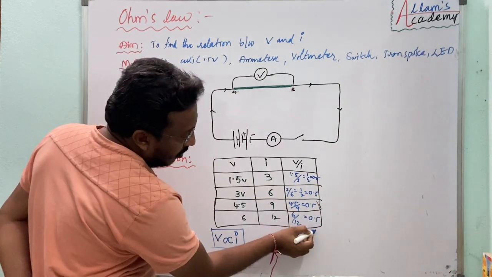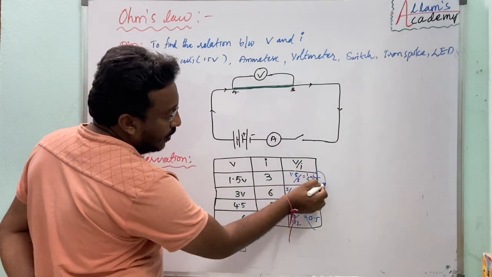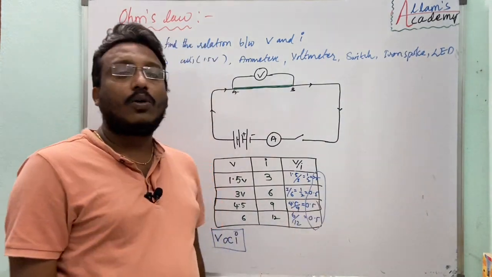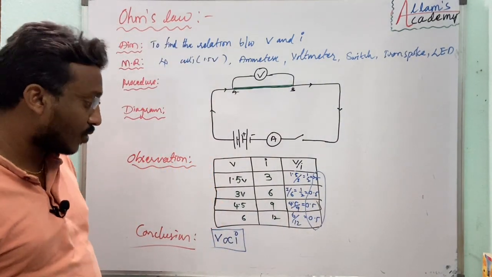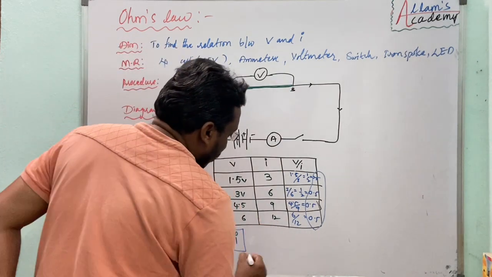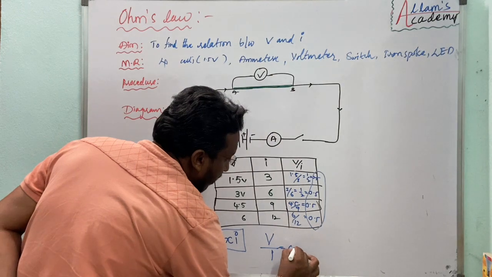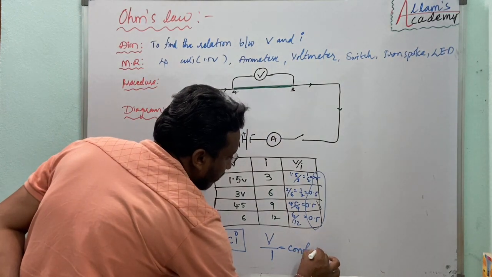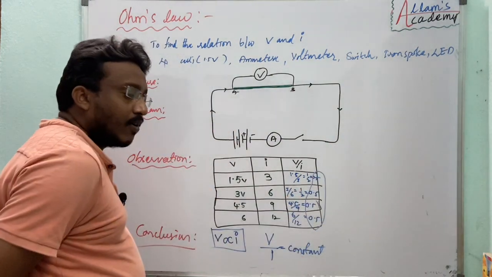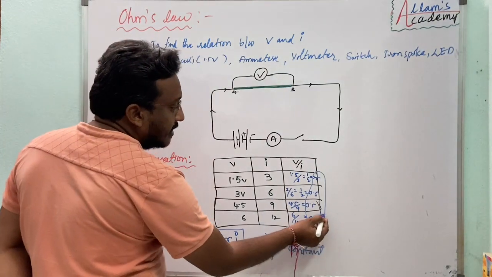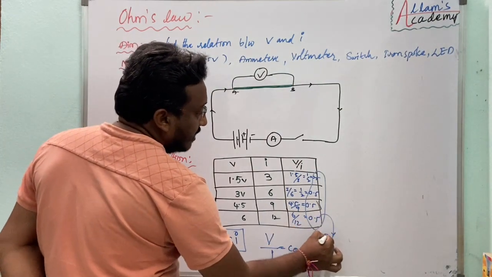See here, we got a constant value. So V by I is equal to constant. This constant is the resistance.